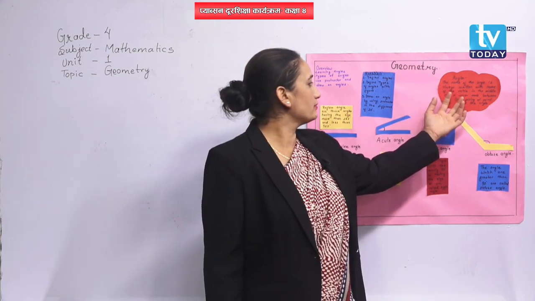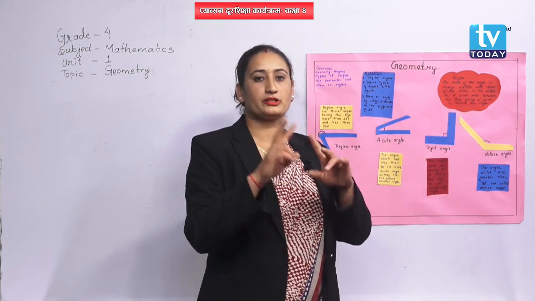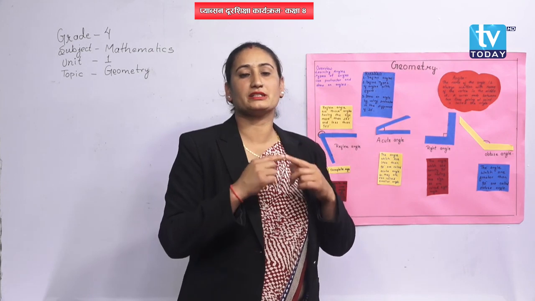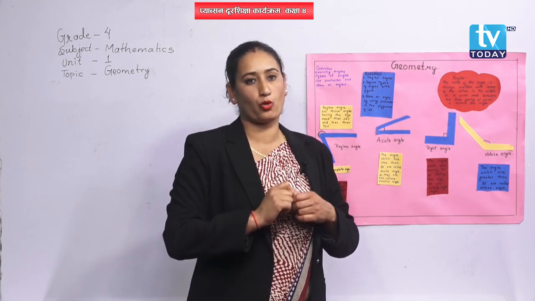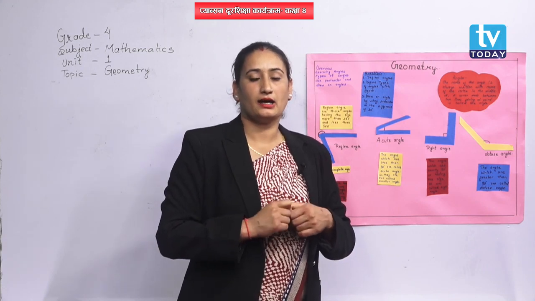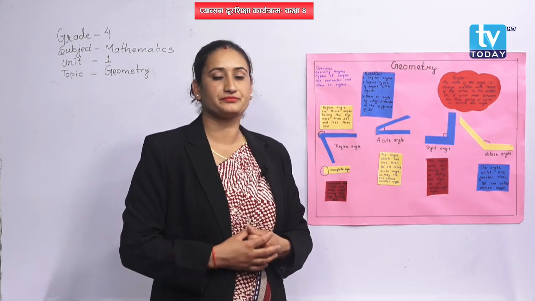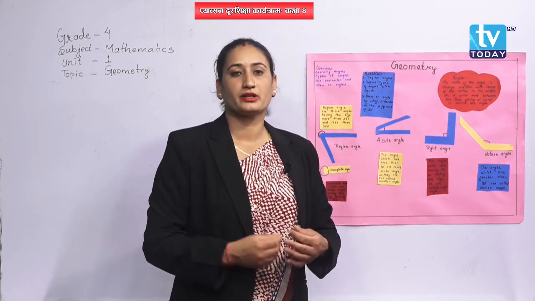The two lines. When two straight lines meet in one single point, then it forms an angle. Do you understand? Once again, shall I repeat? Listen.